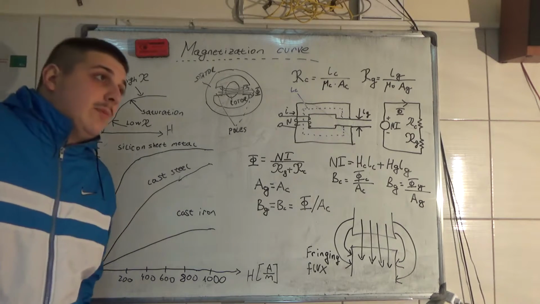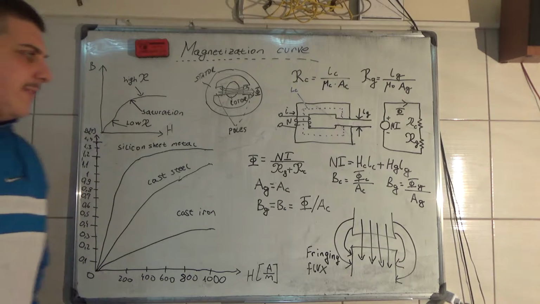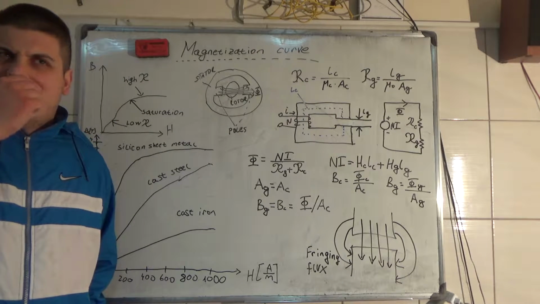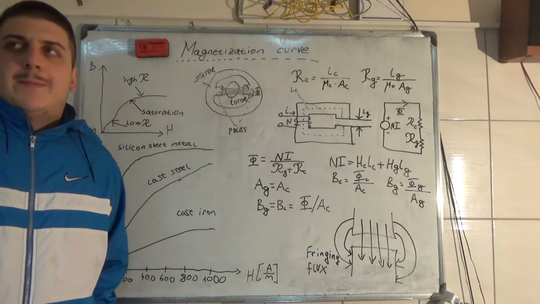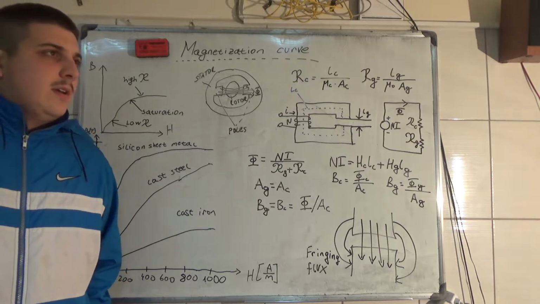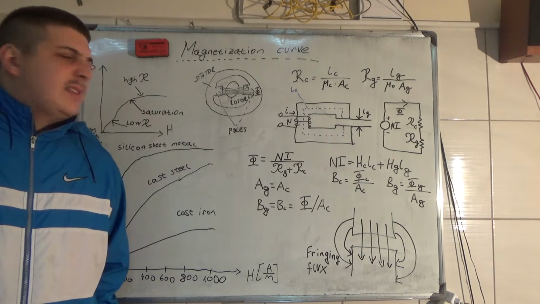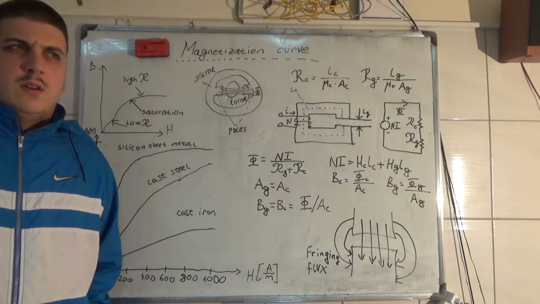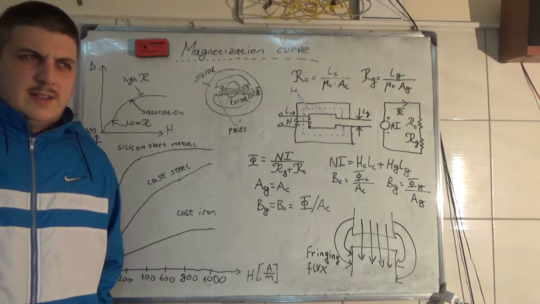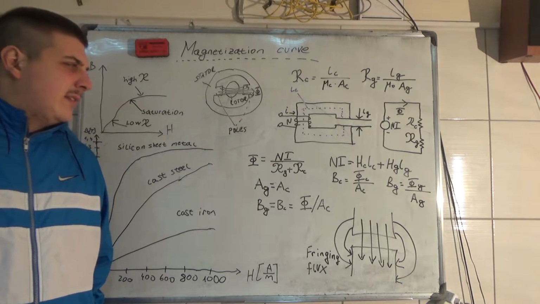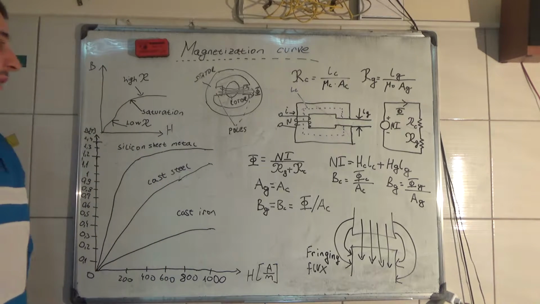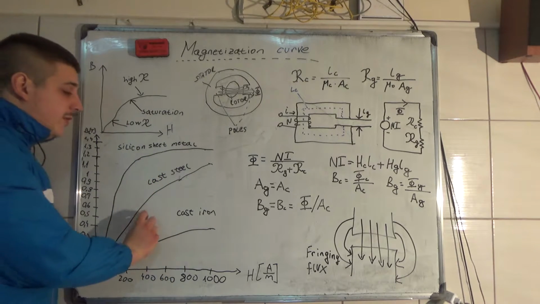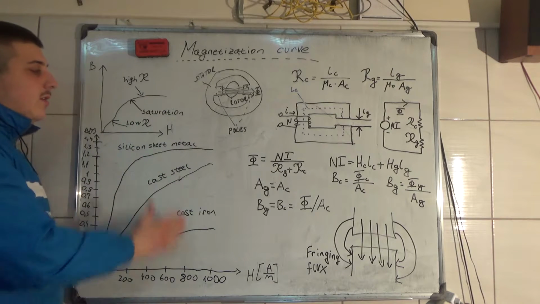But you're never going to calculate the magnetic flux density and the magnetic field with formulas, but with these curves, as you see here on the left.